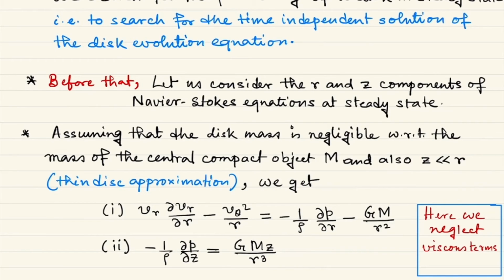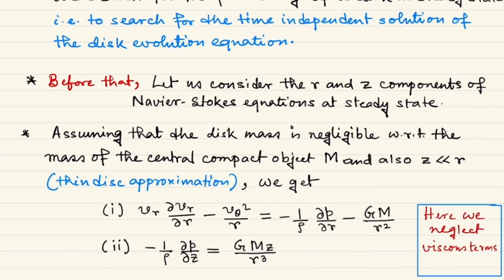In both these equations we have neglected the viscosities. Although viscosity plays a very crucial role in the radial motion of the system, it becomes prominent when we are talking about the evolution of momentum in the theta cap direction.